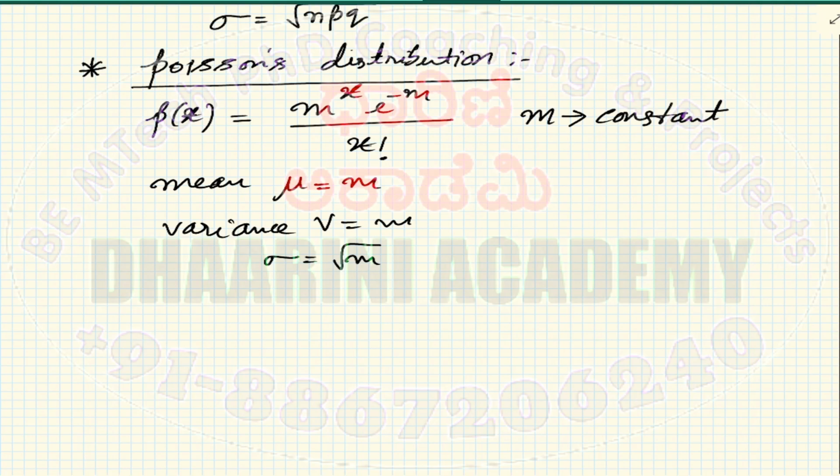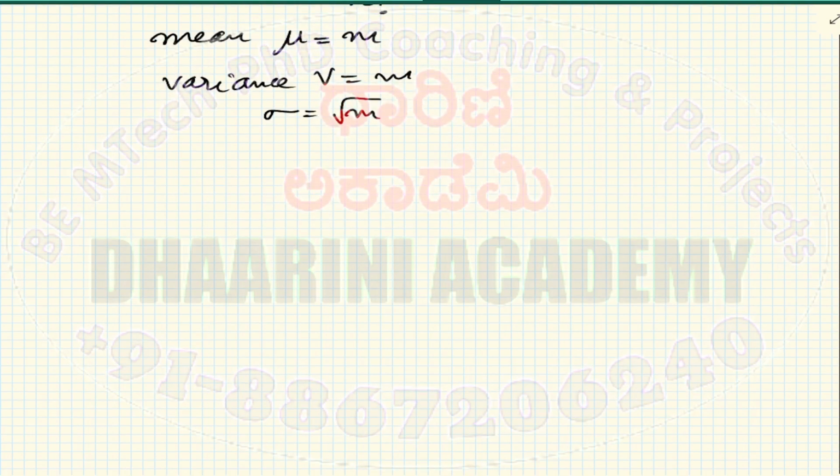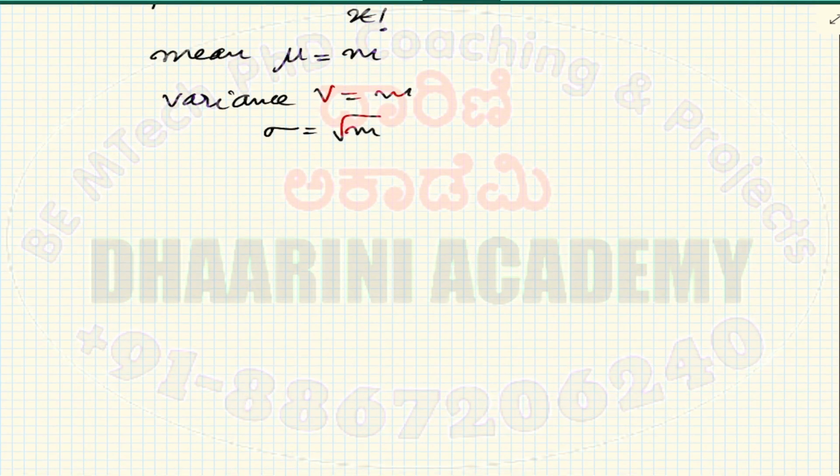Alright, now let's solve some questions based on these two distributions. First problem: a coin is tossed 4 times.